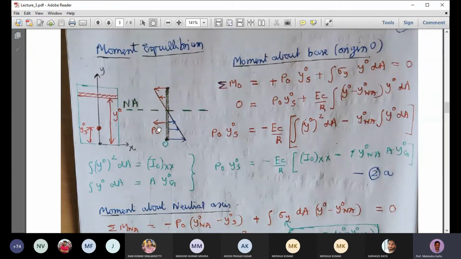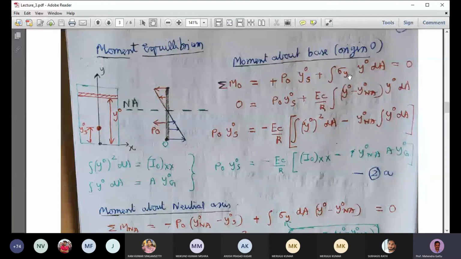Moment about the origin. P naught will produce an anti-clockwise moment, and sigma y we are assuming to be positive about the neutral axis, and it will produce a positive moment. So we have P naught into ys and sigma dA into y naught. This entire thing will be produced in the anti-clockwise direction, so that entire sum will be 0.